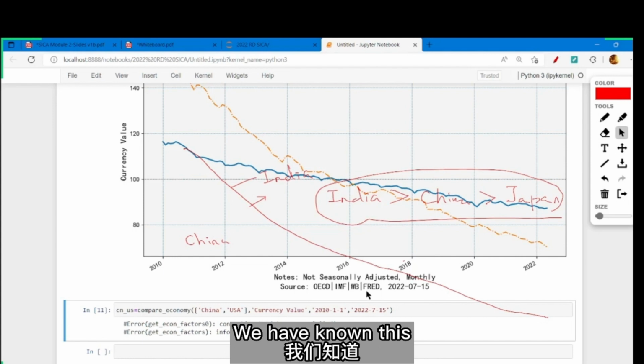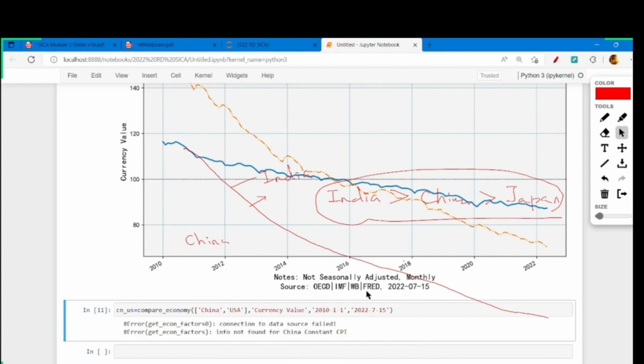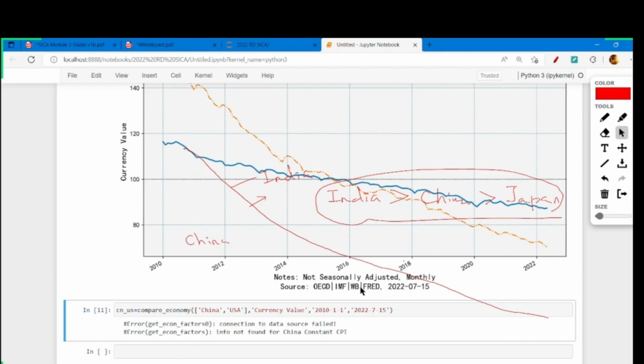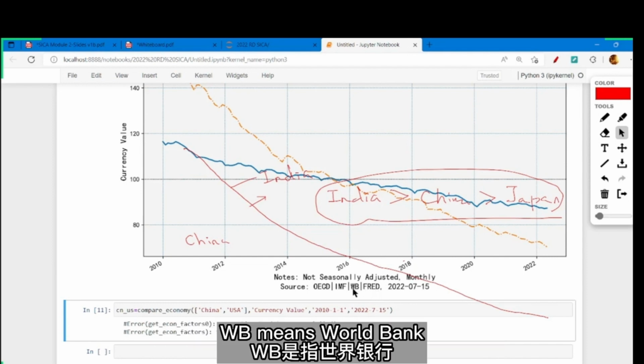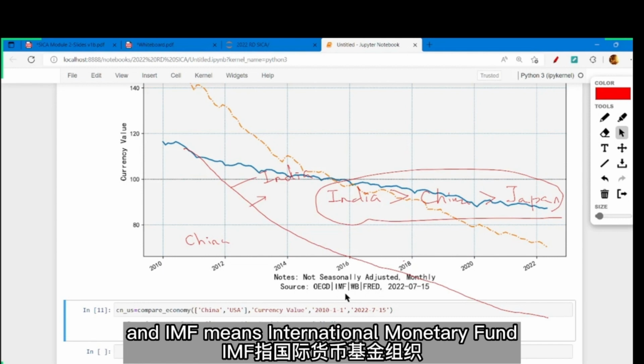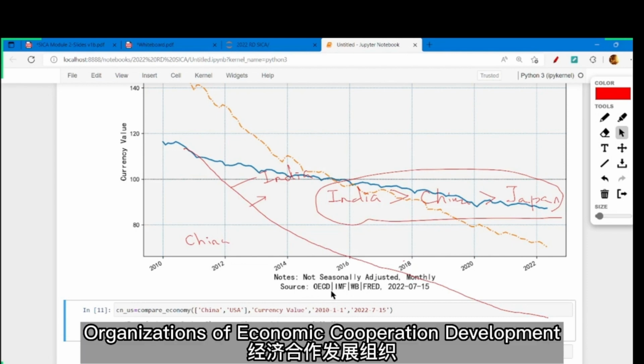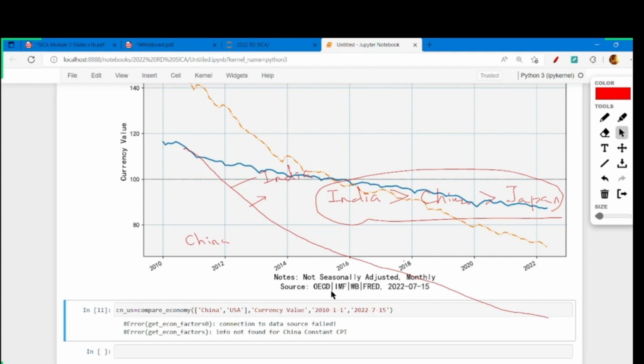FRED means Federal Reserve Economic Data. WB means World Bank, and IMF means International Monetary Fund. OECD means Organisation for Economic Co-operation and Development.